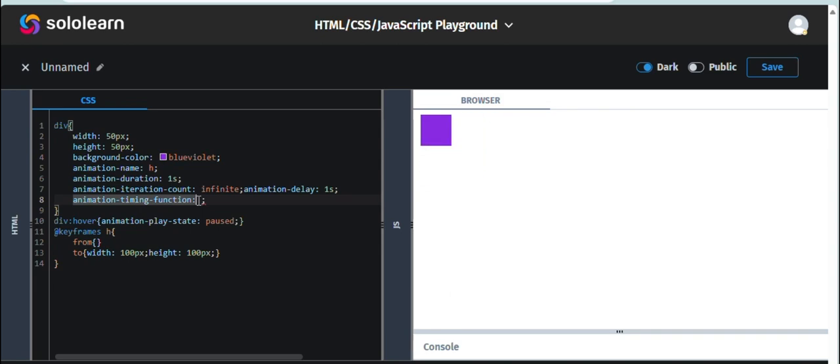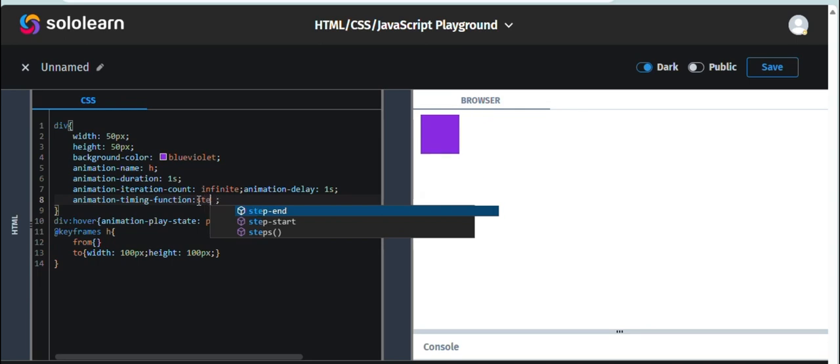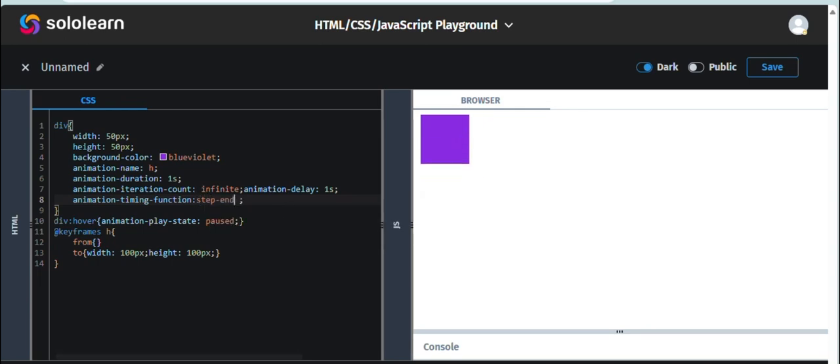Ease in is slow at the start and then it gets faster. Ease out is it starts fast and then it goes slow, and ease in out is it gets faster in the middle. How I remember it is if you're in a room, first you're in, talking about the start of the animation, then you're out, which means first and last, and ease means it goes slower. There's also step end, which makes it, you'll see.